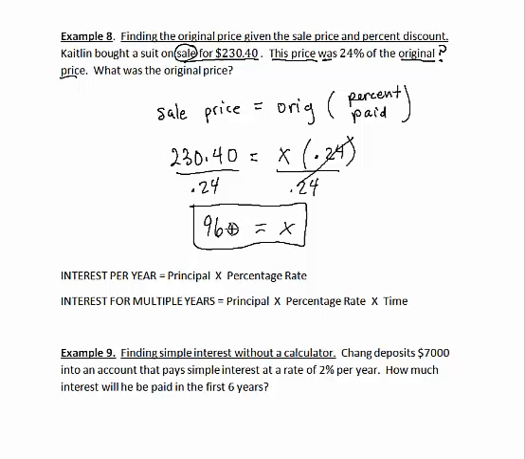So it was originally priced at $960. So you have to pay close attention to the wording. If it doesn't say discount, they may have given you the percent to be paid.